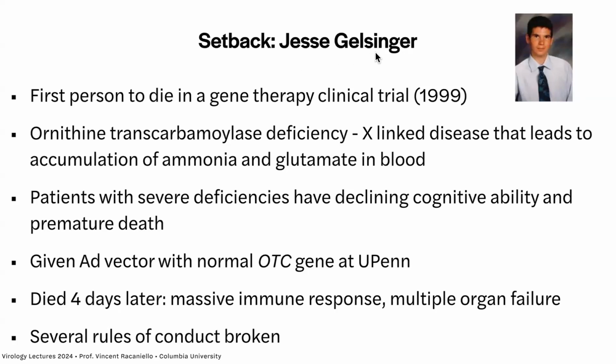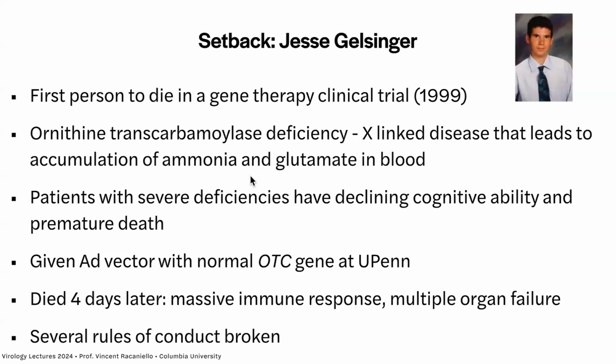He was an 18-year-old whose father volunteered him for this trial, and it was to correct deficiency in ornithine transcarbamylase. This is an X-linked disease that leads to the accumulation of ammonia and glutamate in the blood. And patients with the most severe deficiencies have declining cognitive ability and premature death.